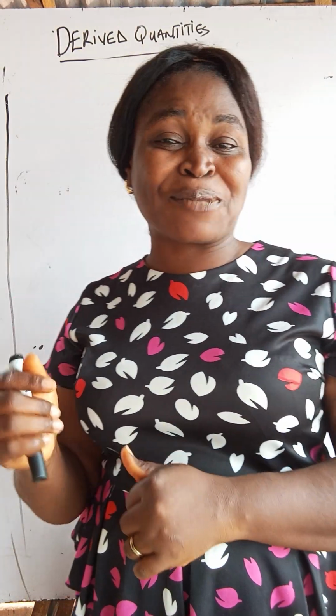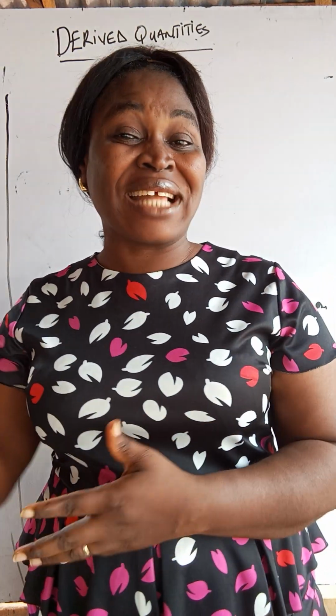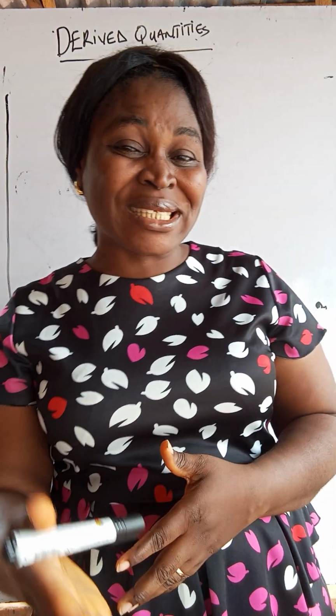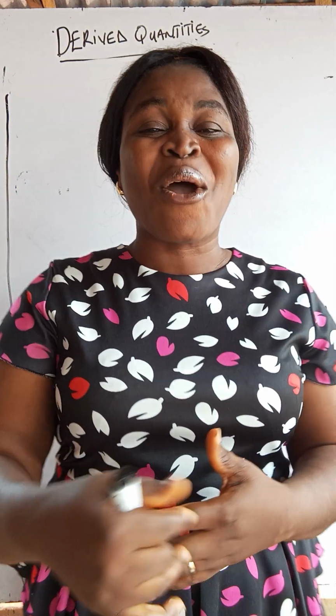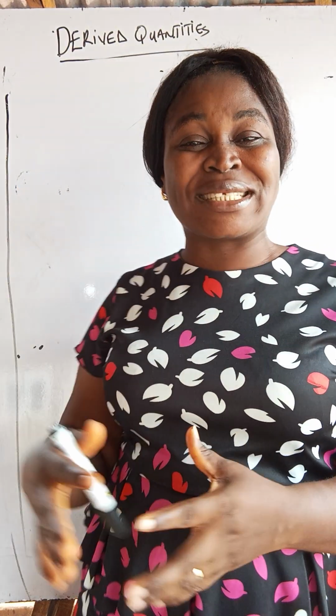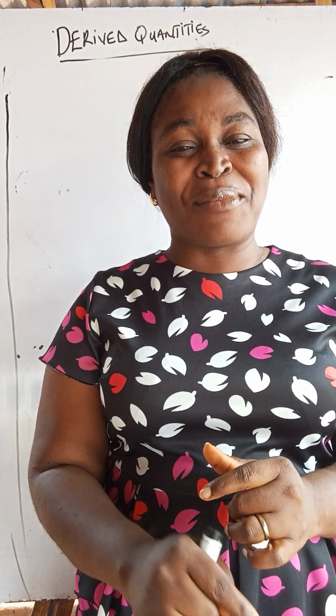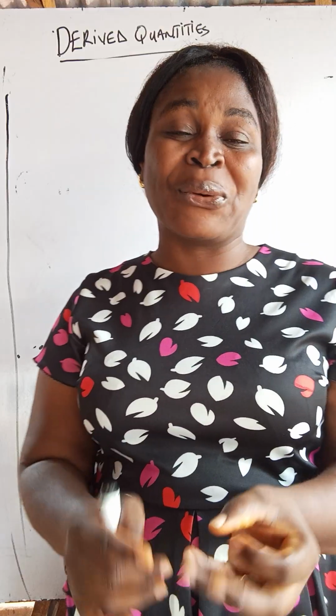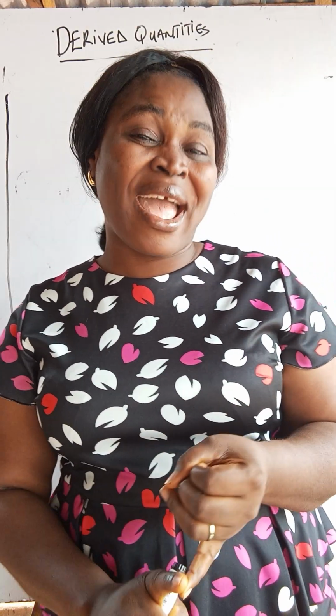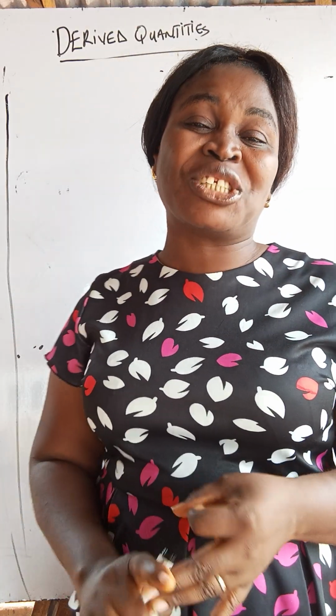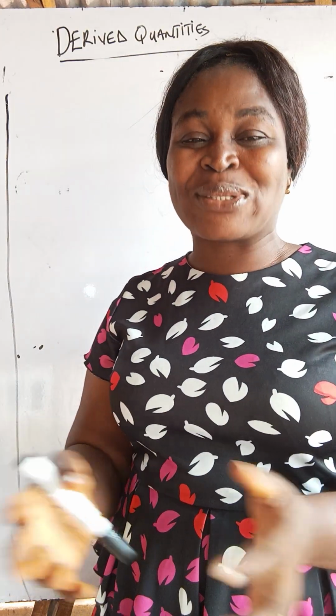All right, meeting our specific objective, what are derived quantities? They are those quantities that are dependent on fundamental quantities and can only be obtained from simple combinations of fundamental quantities. Example, we have the area, the volume, the pressure, the acceleration, the power, and so on and so forth.